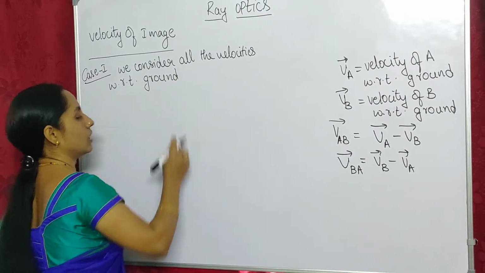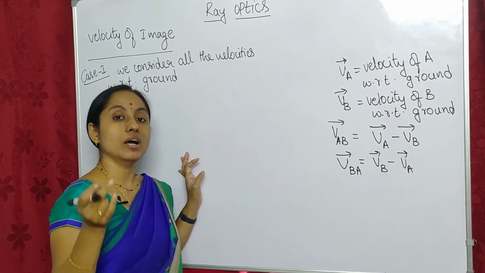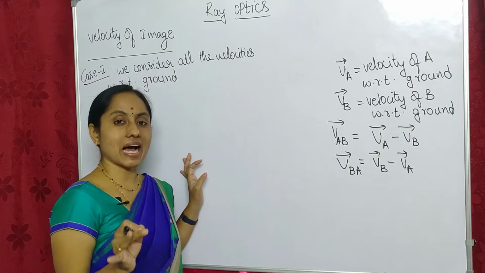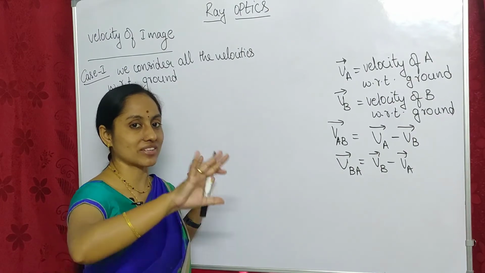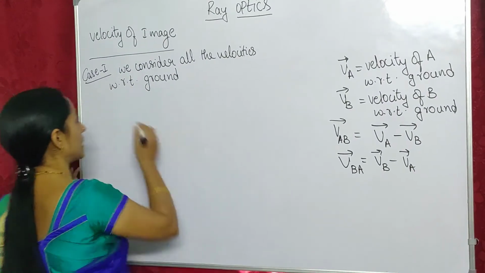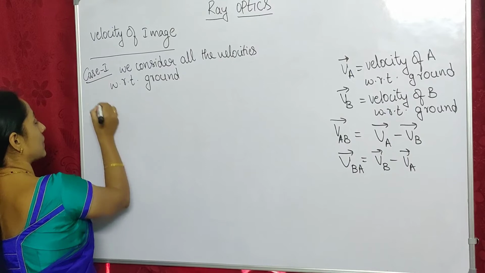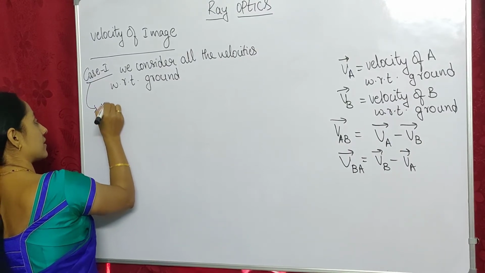The basic velocities, velocity of object, velocity of image and velocity of mirror, all these three are considered with respect to ground, and we all know that ground is always at rest. So the velocity of ground is always 0. Now let us start our case 1. Case 1 is that the mirror is at rest.